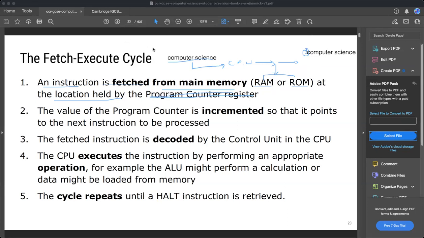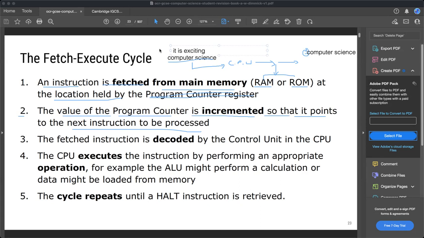Now next, number 2. The value of the program counter is incremented so that it points to the next instruction to be processed. Now let's suppose I'm going to input another instruction.